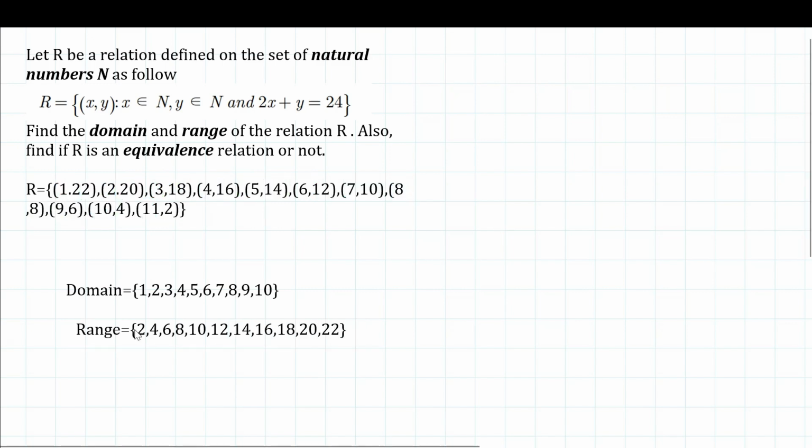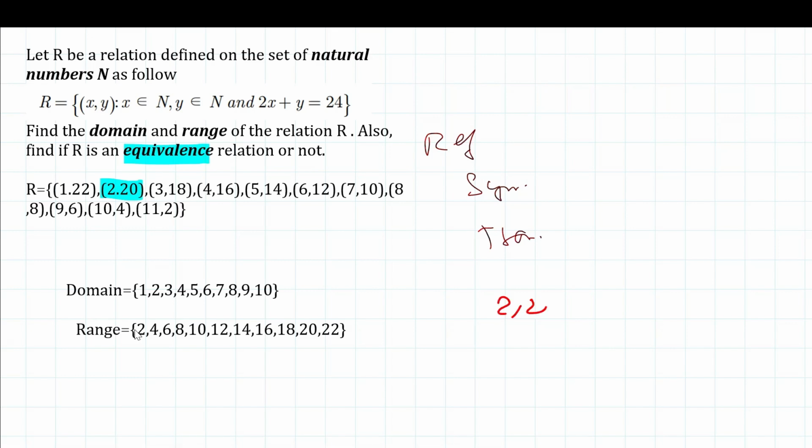you know that a relation is an equivalence if it is reflexive, symmetric, and transitive. I can see that (2, 20) belongs to R, but (20, 2) does not belong to R. So we can say it is not symmetric.